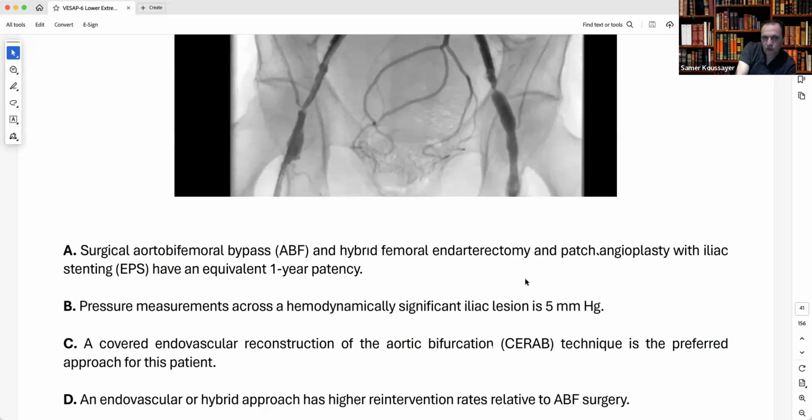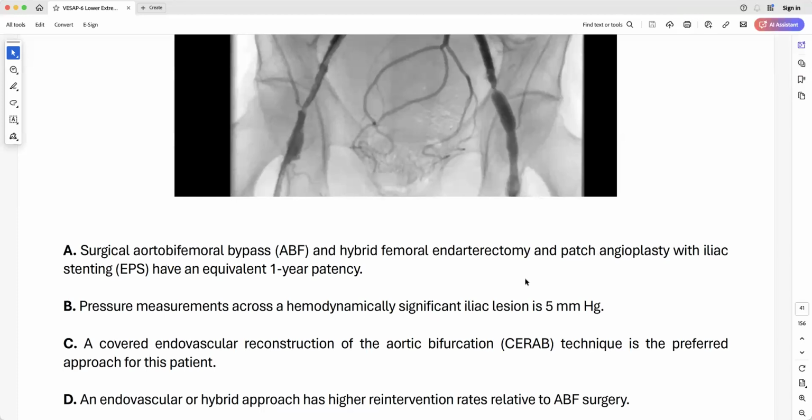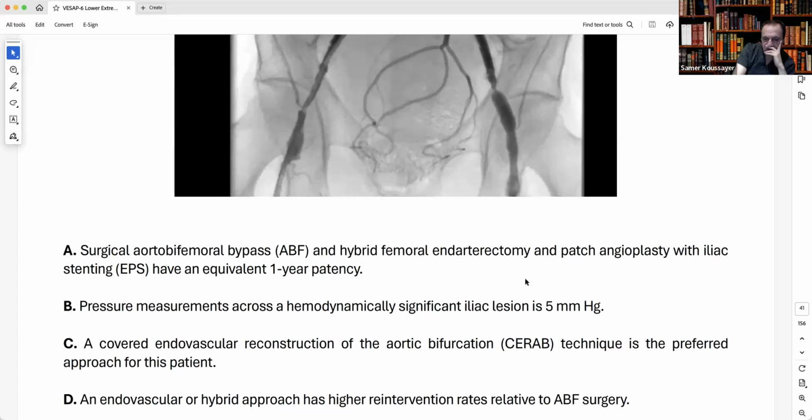So primary patency is without any intervention, assisted primary covers interventions, and secondary patency goes all the way up until the occlusion. You can do multiple interventions until occlusion. When you occlude, then your secondary patency is finished. Okay, so anyway, let's go to the next question.